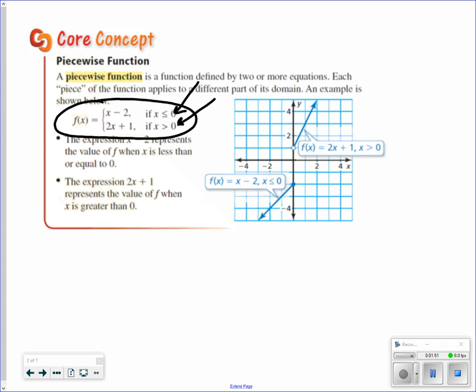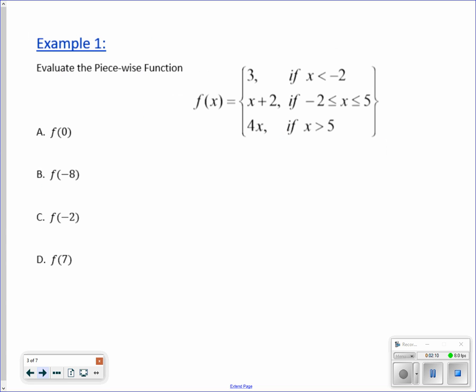So the x minus 2 function, you're only allowed to use numbers below 0. And the next one, the 2x plus 1, you're only allowed to use numbers above 0. This will make sense as we go through it, but it is a little bit challenging.